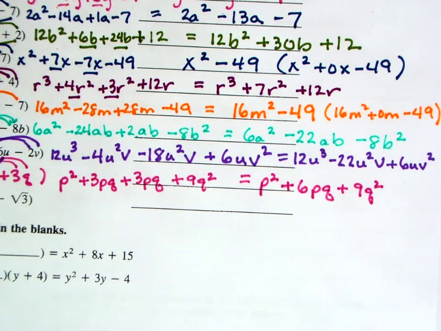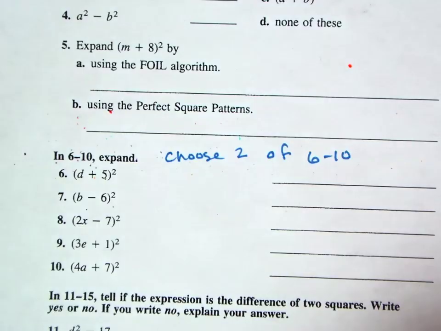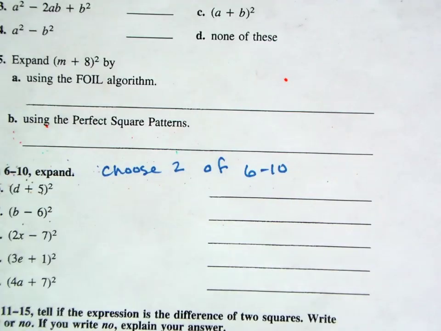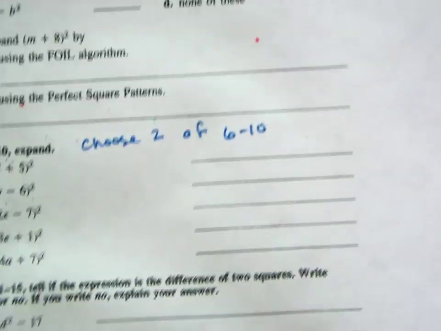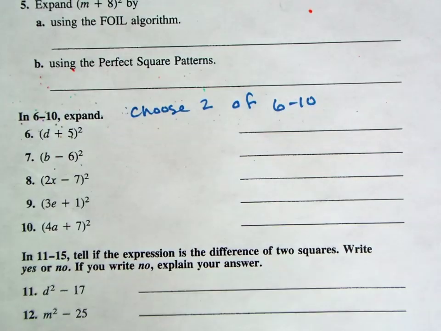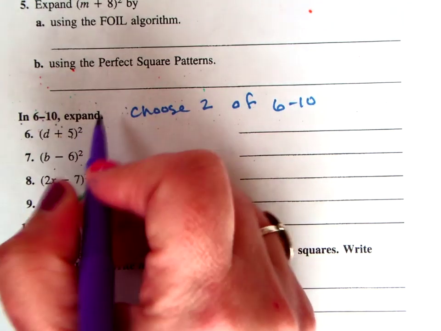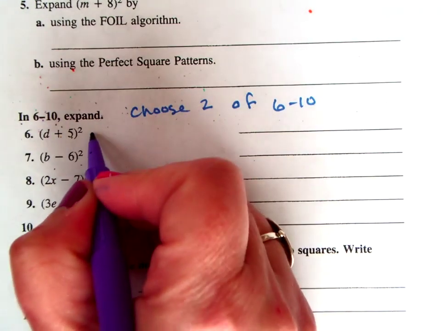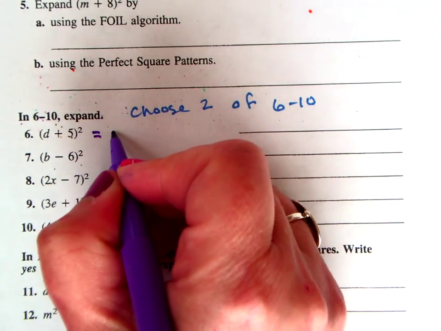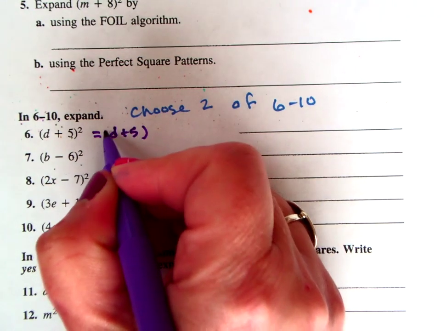Okay, very last set of problems. And it said choose 2. And these are basically the exact same as the previous ones. We would just write d plus 5 times d plus 5.